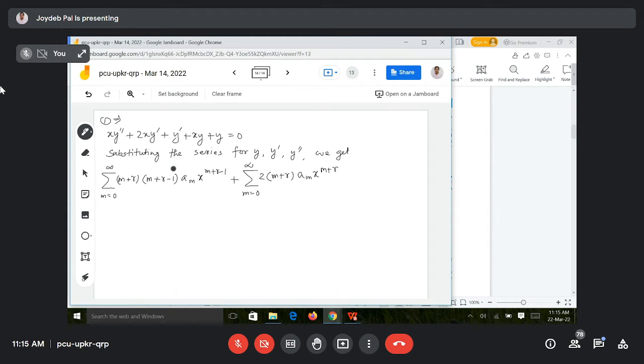Next y dash, so substitute the series for y dash: summation m equals 0 to infinity (m plus r) a_m x to the power m plus r minus 1.